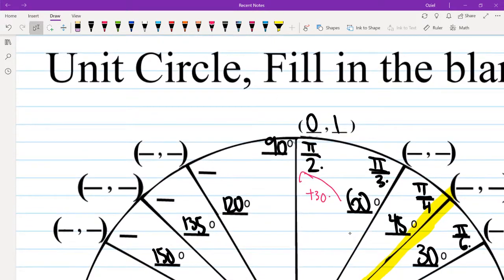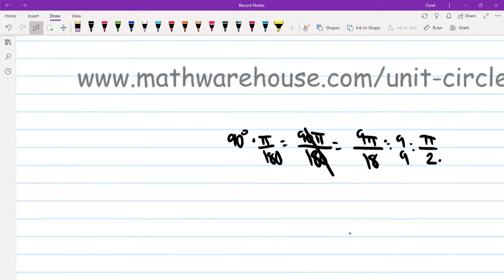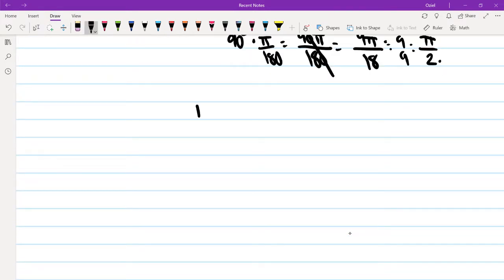So the 120, we would convert that to radians. We would say 120 times pi over 180. That would be 120 pi over 180. And we cross the zeros out, get 12 pi over 18.